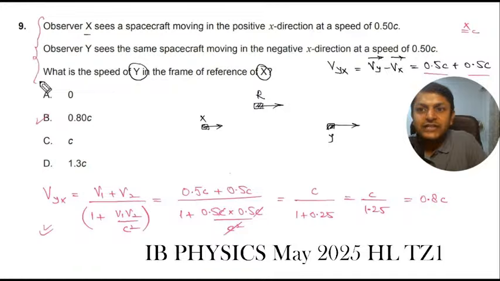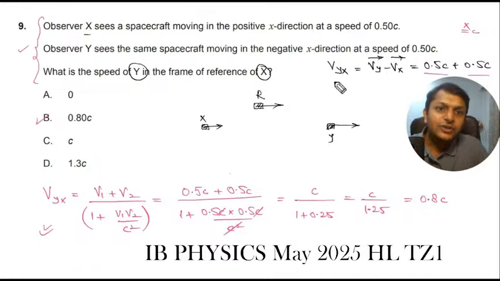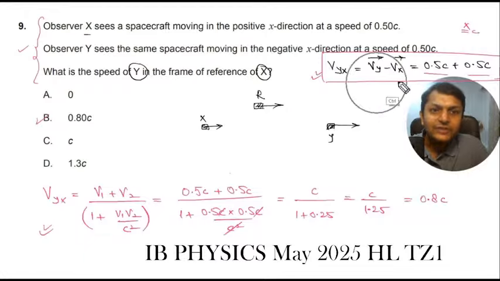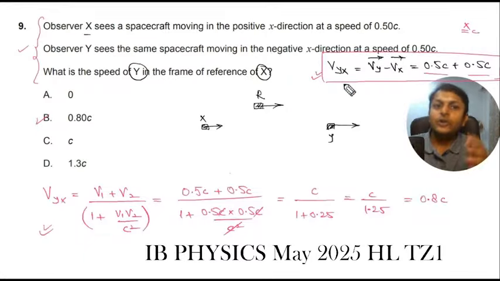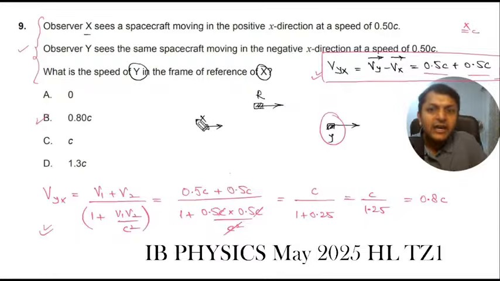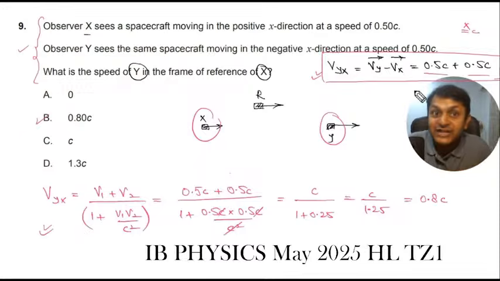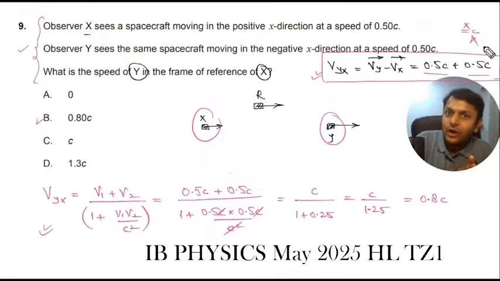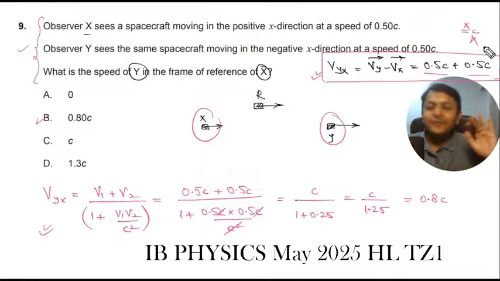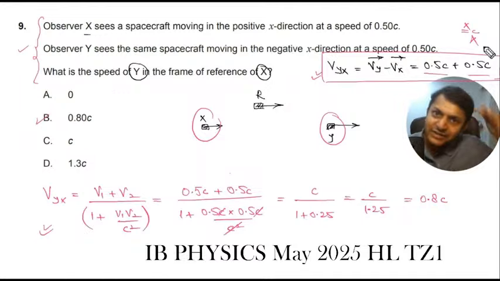First of all we try to analyze the question statement, what is written here, until you are able to get to this. Now once you get to this, you know the velocity of y with respect to x is this. But of course it is wrong, because it cannot be equal to c. That is clearly wrong. At this point we will stop Newton and start thinking Einstein.